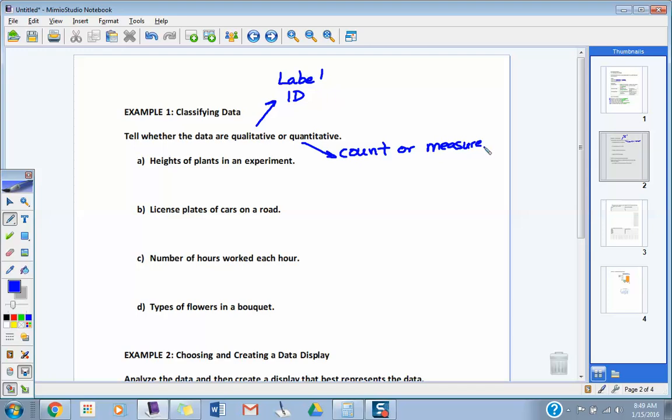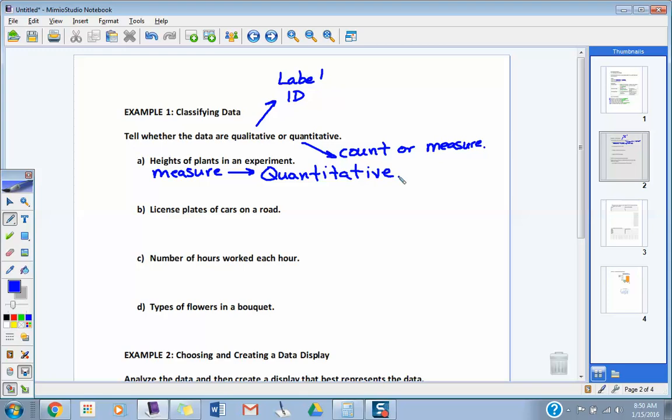So if I'm in a science class and we're writing down the heights of an experiment, is that some kind of quantitative or qualitative data that we're writing down? It's quantitative because we are measuring it. Since you have to measure this right here, this makes this type of data quantitative.